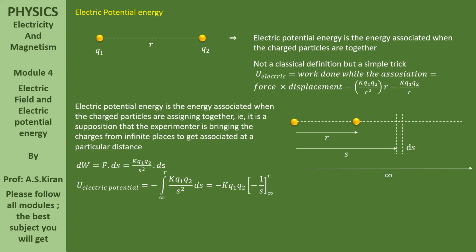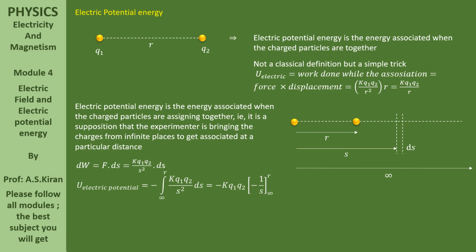At r, that is the final limit. So infinite to r. Electric potential energy is equal to minus of kq1q2 by s square into ds between the limits infinite and r.